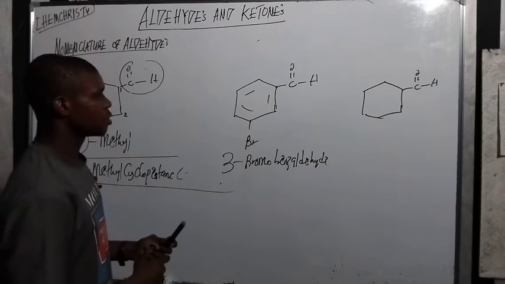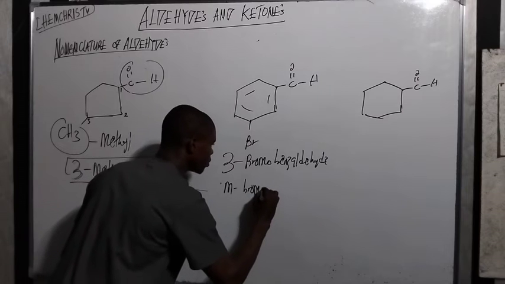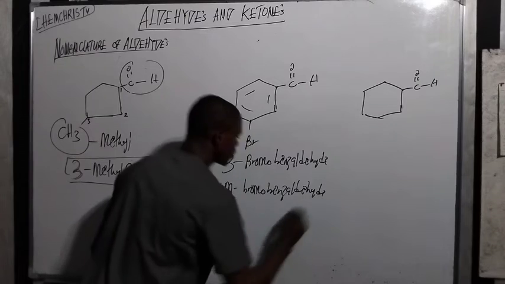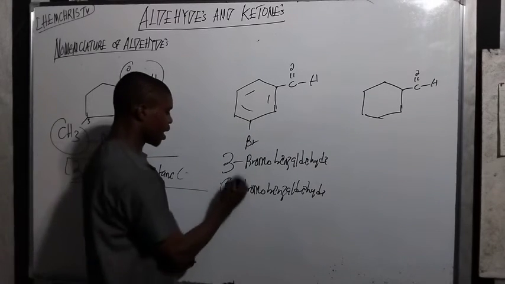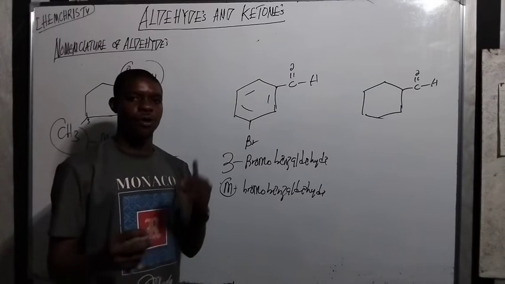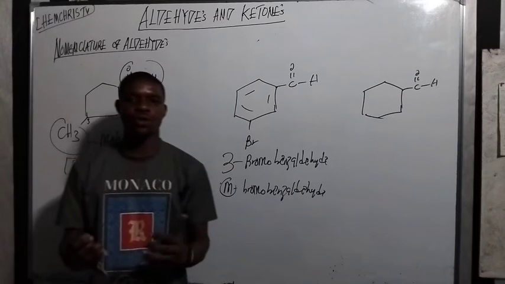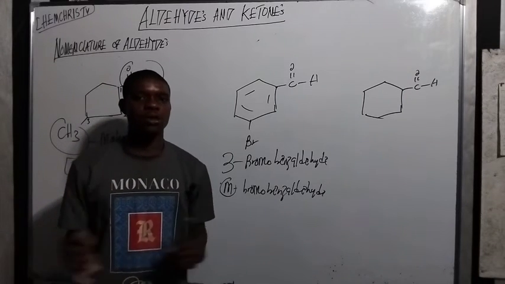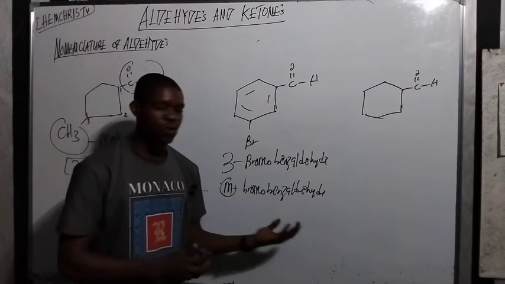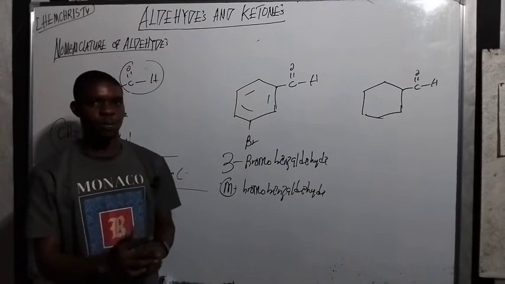Or you can say m-bromobenzaldehyde. m means the third position, right? When you are studying the nomenclature of benzene, you understand that it can be 3 or m. I've done a complete video on the nomenclature of benzene, so you can go check that video out. I will leave the link in the description below, or you can see it at the end screen.